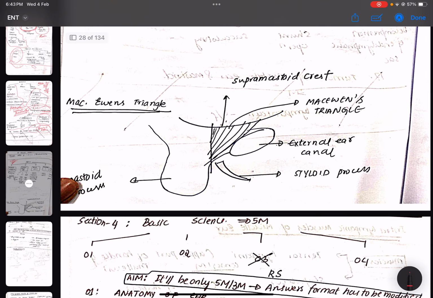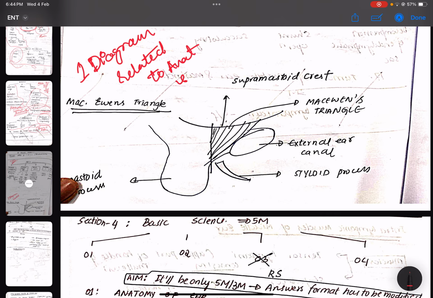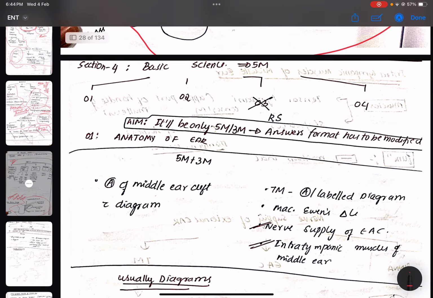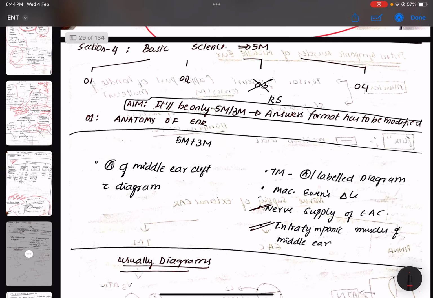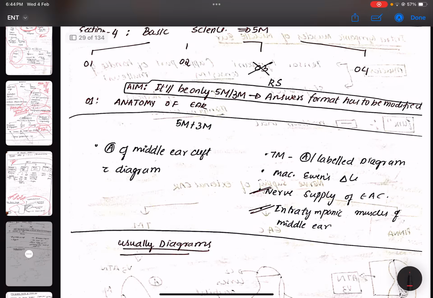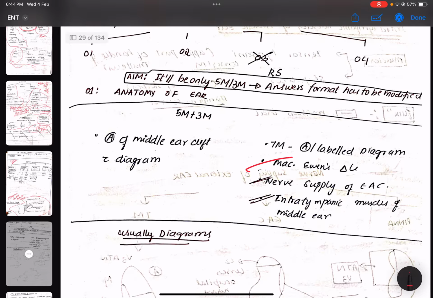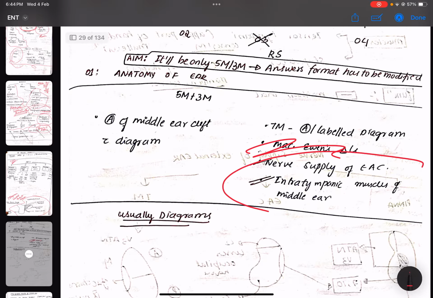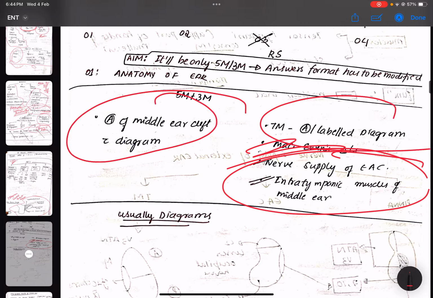Then McEwen's triangle, one diagram related to anatomy is sure, so make sure to present it. One question related to your basic science, for example anatomy or physiology, is important, so make sure you study that part also. I have not drawn all of the McEwen's triangle, I have drawn the diagram in the next chapter, but make sure you go and study these two.